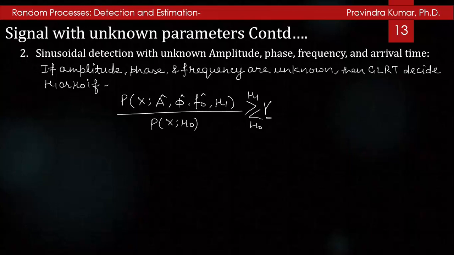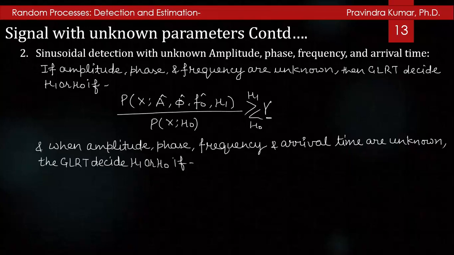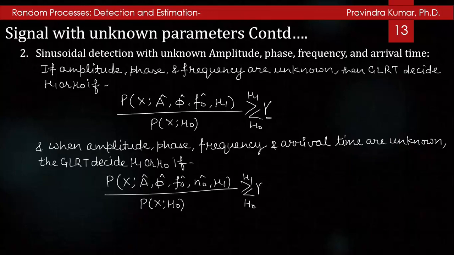When the amplitude, phase, frequency and arrival time are unknown, the GLRT will decide H1 or H0 if p(x; Â, φ̂, f̂0, n̂0, H1) by p(x; H0). In the earlier case we had not considered delay, but now that the delay is considered, we will put it in the PDF under hypothesis H1.